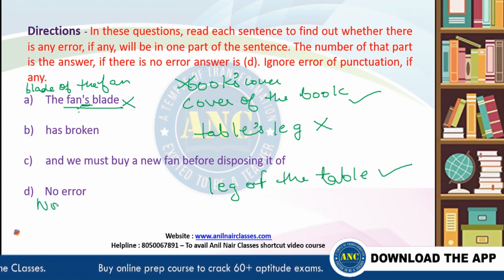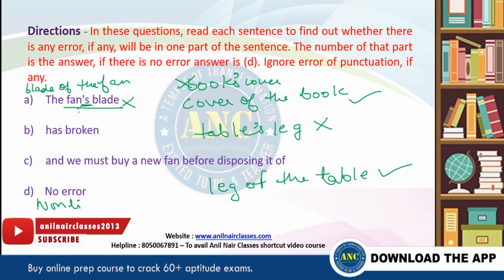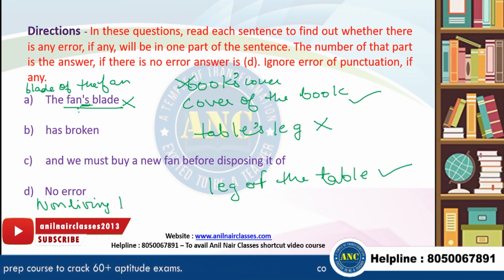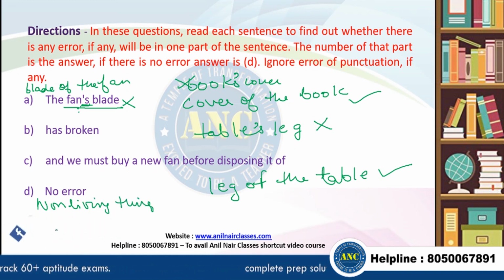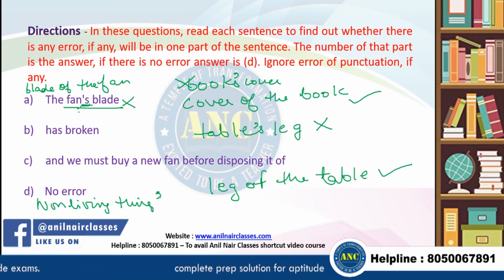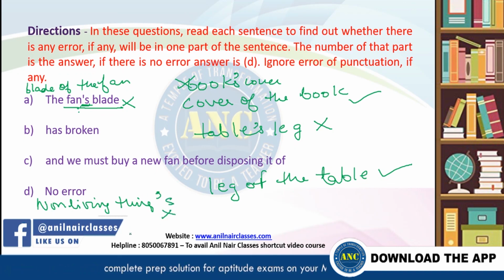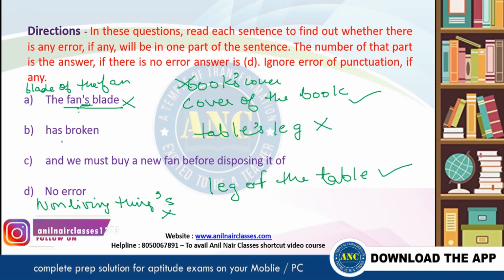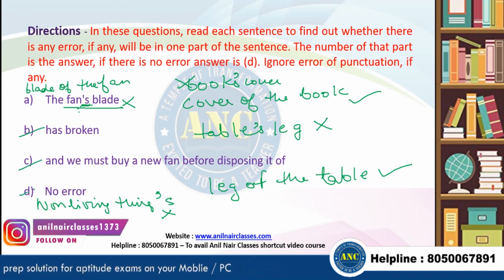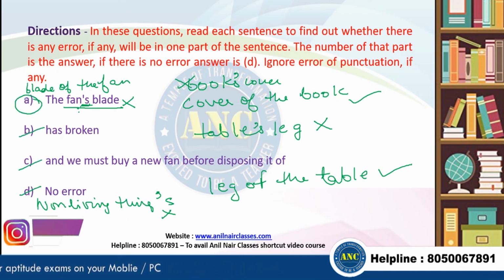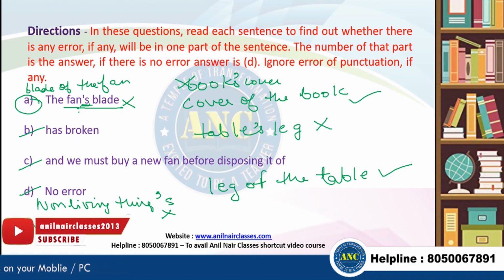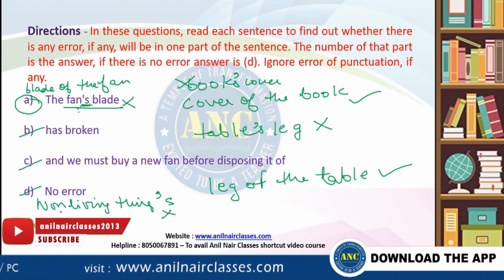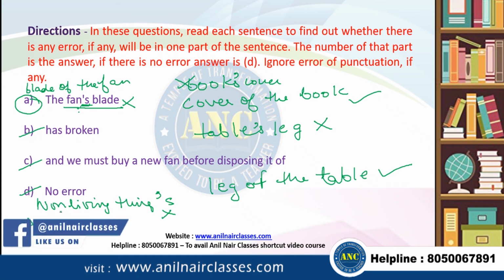So if you have the name of any non-living thing, no apostrophe plus S is wrong over there. We don't put it. That's why we can get rid of B, C, D. Our right answer will be A. Clear? The answer is A. Clear? So the point of this slide is what? We will not put any apostrophe plus S with non-living things.